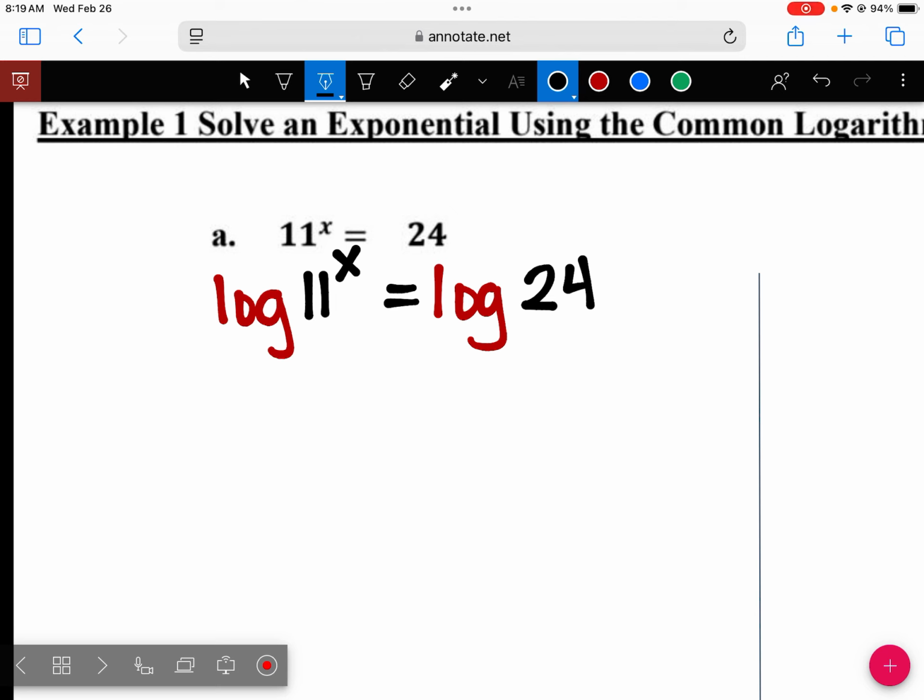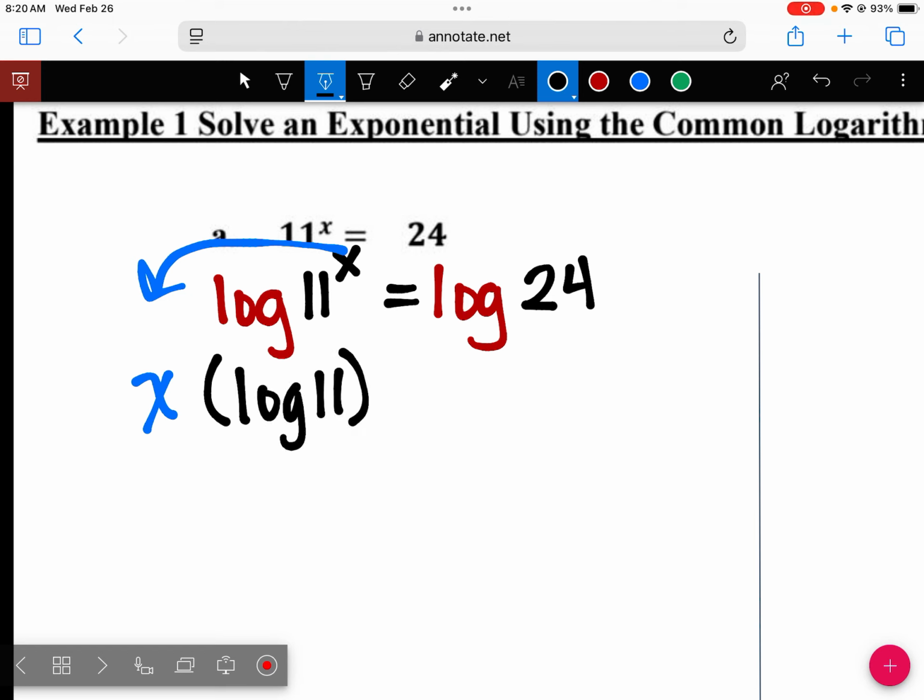The second step is to move this exponent to the front. So this x is going to move to the front. And then we have log of 11. I'm going to put that in parentheses. And log of 24.